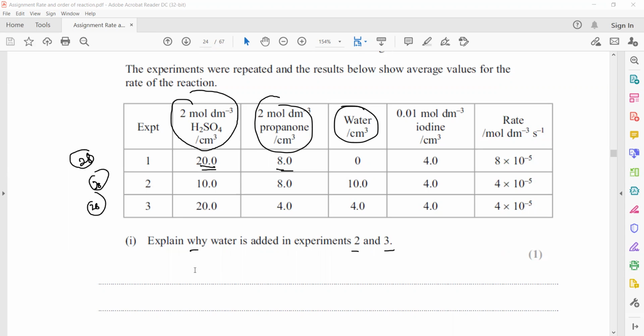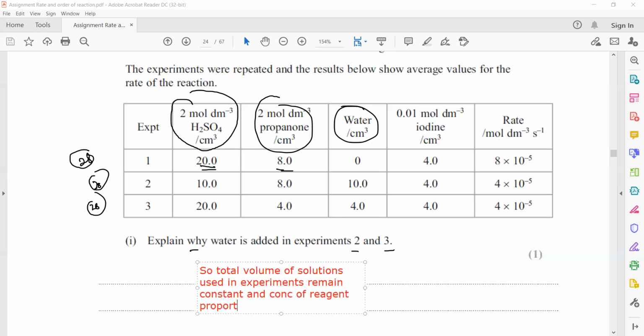So the total volume of solution used in experiments remains constant, and the concentration of reactant or reagent is proportional to the volume used in the mixture.